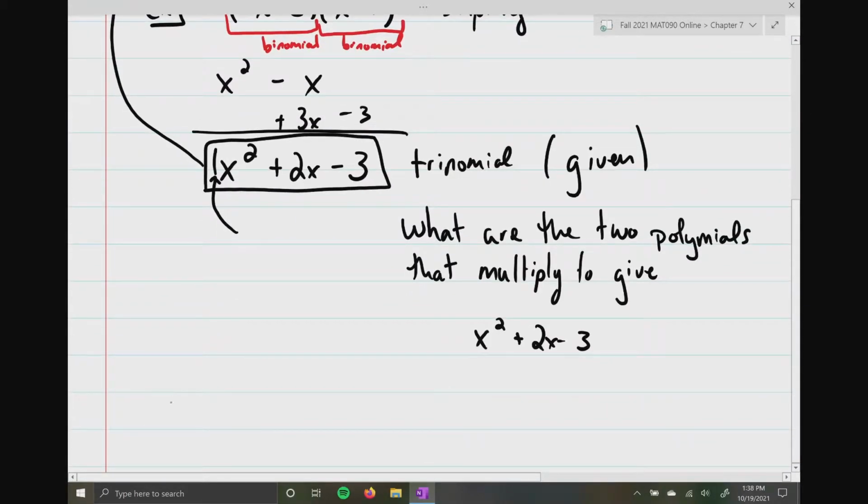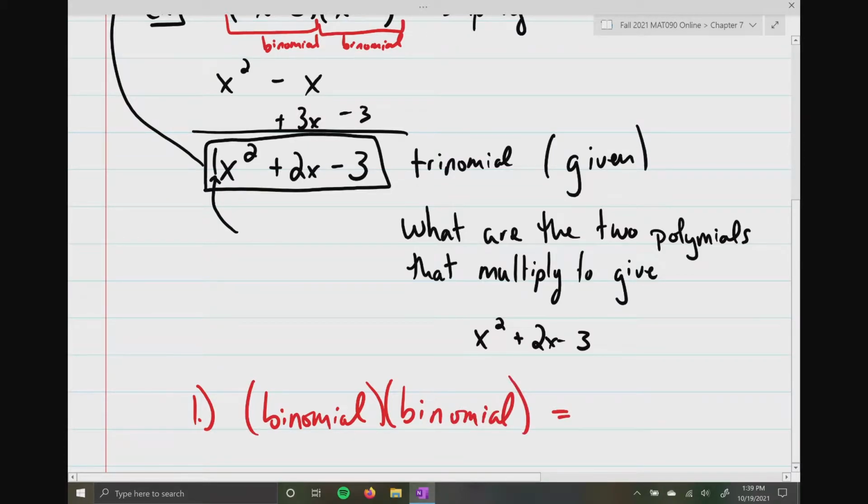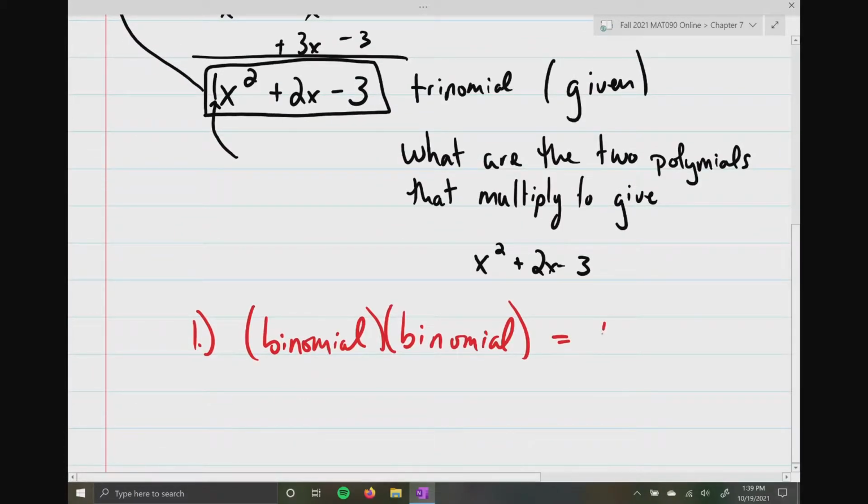Number 1, a binomial times a binomial will equal, and this is really important, a trinomial.